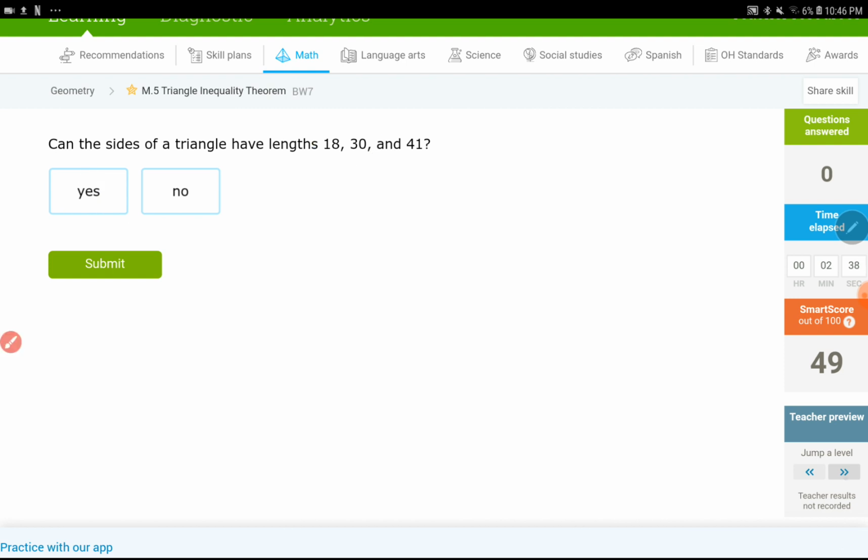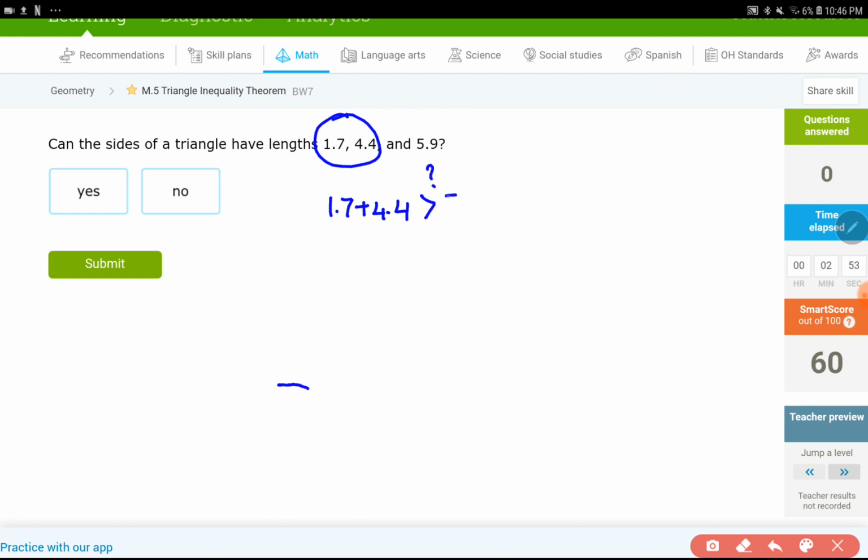Moving on to the next one: 1.7, 4.4, and 5.9. The two shortest sides are 1.7 and 4.4, and we are going to see if their sum is greater than 5.9. The sum is 6.1, and I do know that it is greater than 5.9, so this would be a yes.